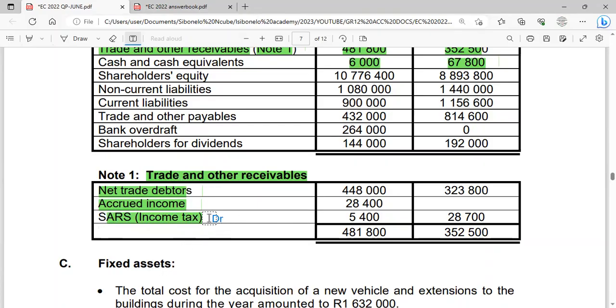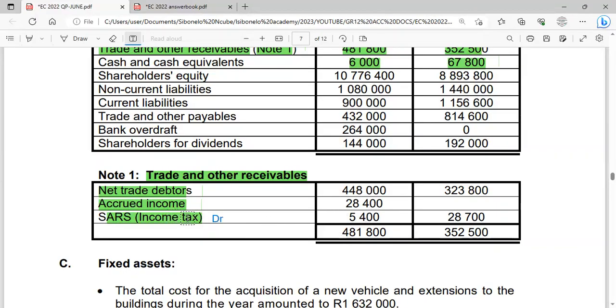So we know that SARS income tax, we've got 5.4 for 2022 and 28,700 for 2021. Both of these are debit balances, meaning SARS is owing us. We overpaid SARS. And if this balance were sitting under the note of trade and other payables, that would be a credit balance, meaning we are owing SARS. But in this case, SARS is owing us because our provisions exceeded the amount that was assessed by SARS.